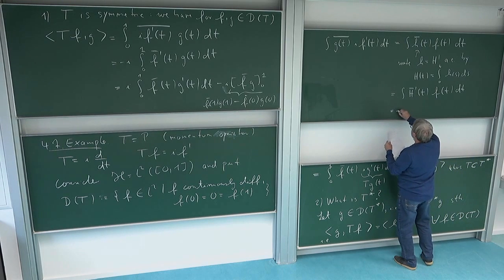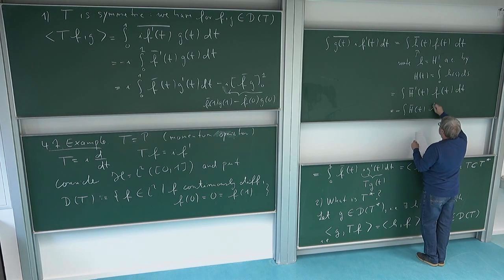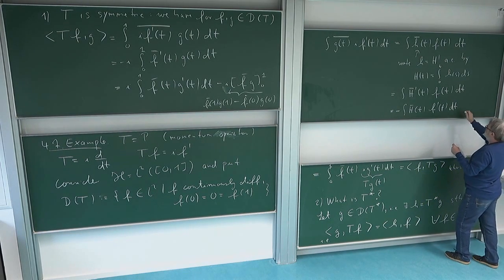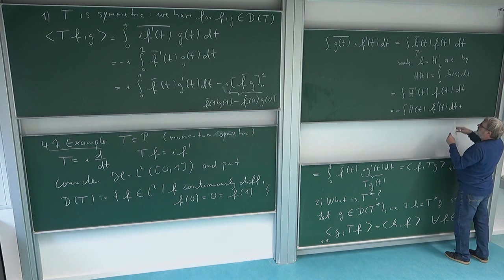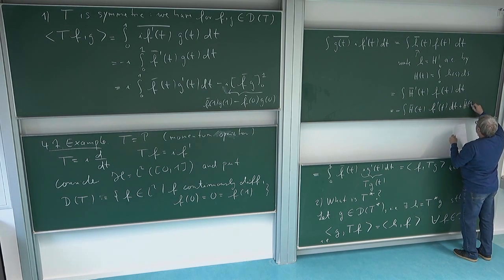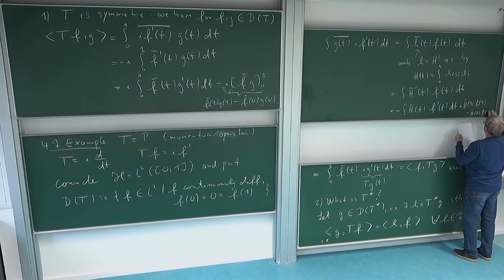So this here is really, again, minus H bar of t times f prime. So I can bring the derivative from here to here, dt, and then I have again boundary terms, and the boundary terms are now H times f. So I have H bar of 1 times f of 1 minus H bar of 0 times f of 0.